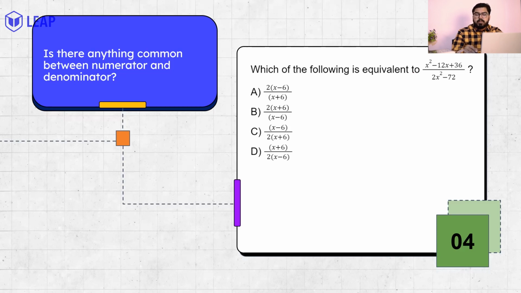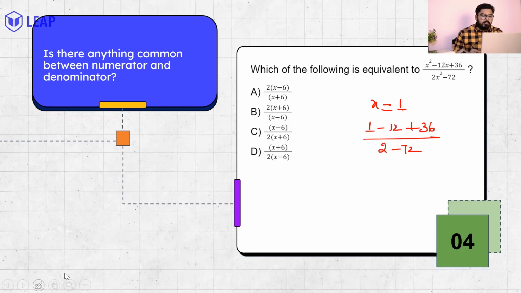So the other way is what we have learned in the previous classes, that we can do plugging in. When can we do plugging in? Whenever we have variables in the question, we can do plugging in. So in this question, there's a variable x. So let's try to plug in some number for x. Let's say x as 1. If we plug in x as 1, what do we get? 1 minus 12 plus 36 divided by 2 minus 72, right?